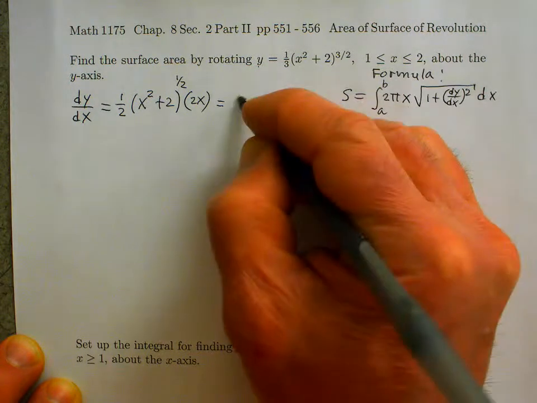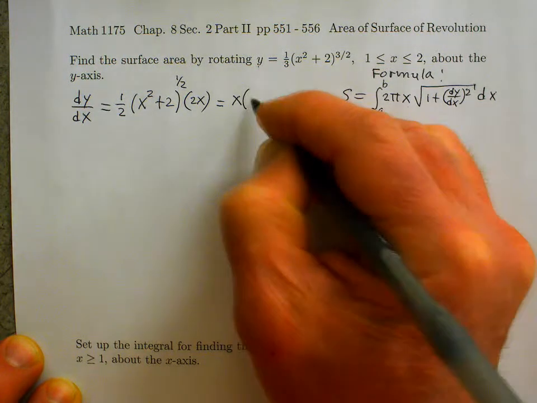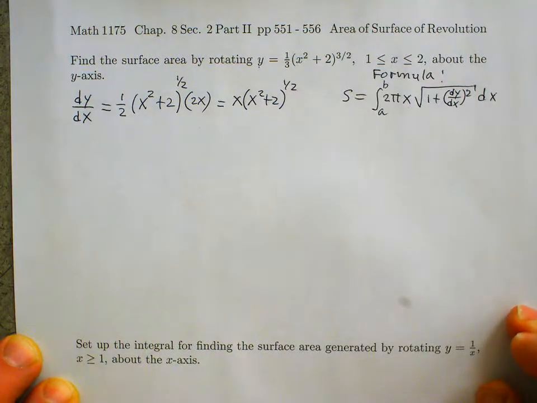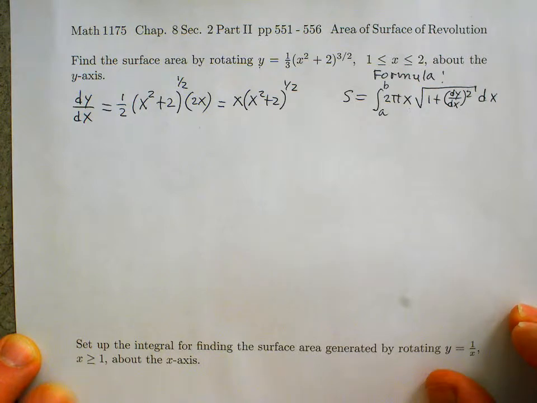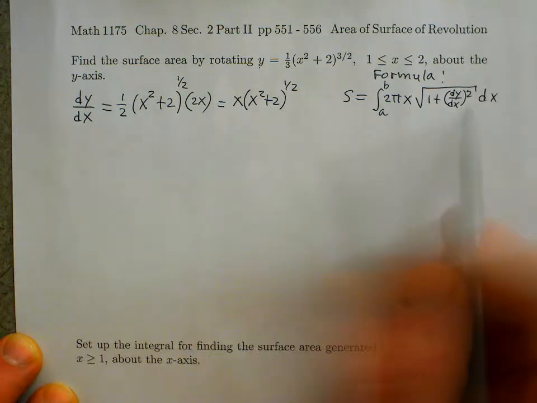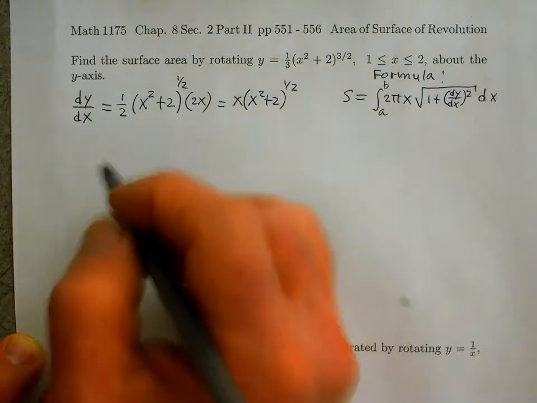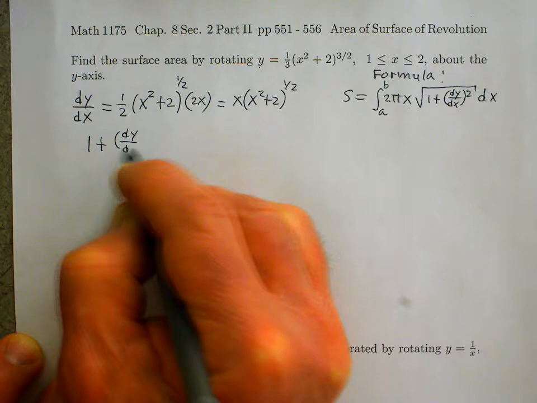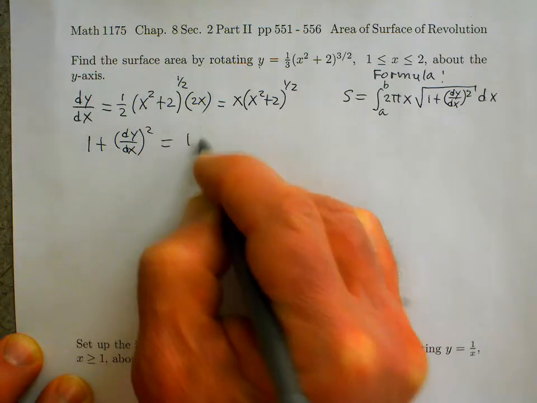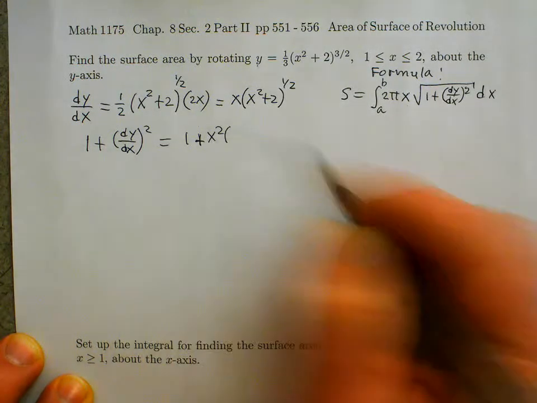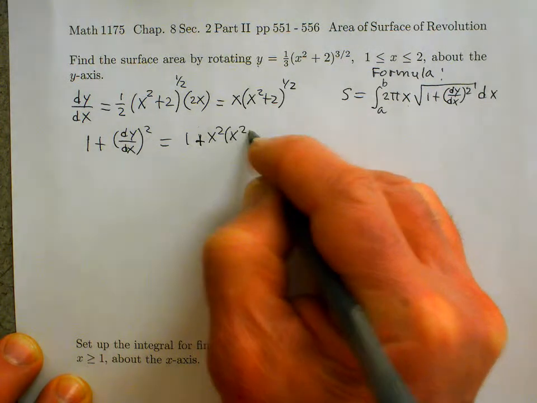So let's write it as x times the quantity x squared plus 2 to the 1/2. And then we're going to square this derivative, add 1 to it, and put it inside the square root. So let's write the 1 plus the square of the derivative. When we square the derivative, we're going to get x squared times the quantity x squared plus 2.